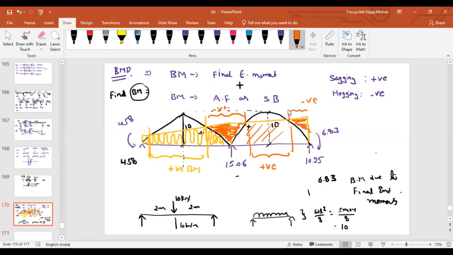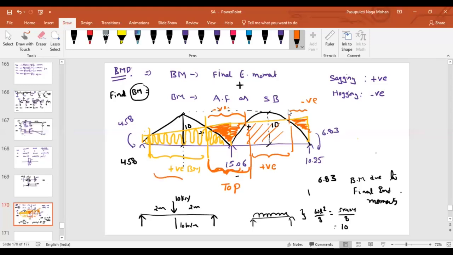That means if you are taking this portion, where you have to provide the steel reinforcement, where you are getting the tension, at the top fibers or bottom fibers? Top fibers, sir. In this portion, you will provide the reinforcement at the top.